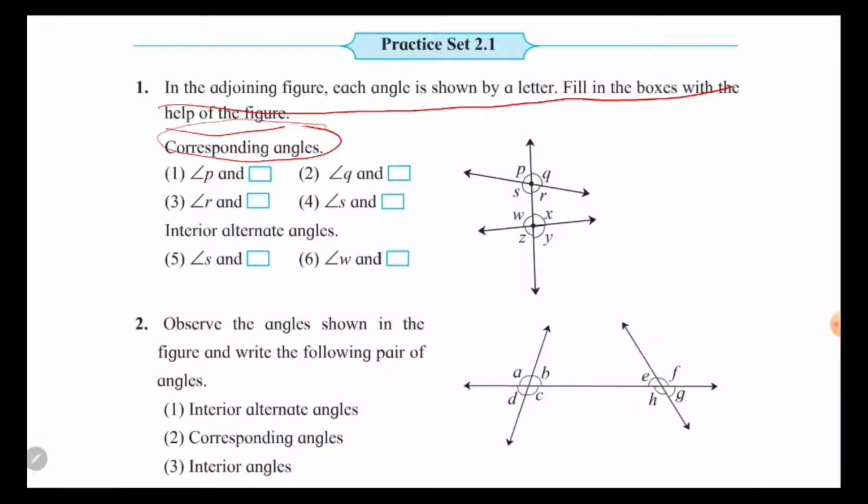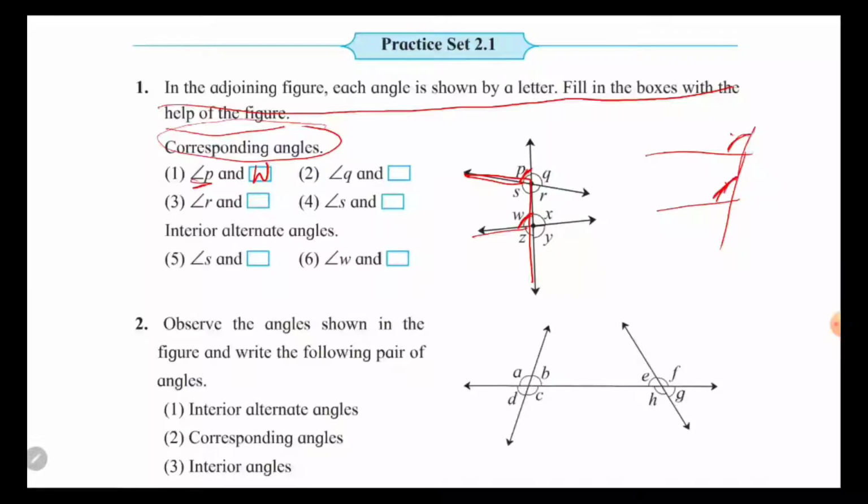As I said, a corresponding angle always makes an F. So the first one is angle P, and angle P is here. If this is F and this is P, then this angle will be corresponding to P. Now which angle is here? Angle W is here. So here we will write angle W. I don't have space, therefore I am writing W. You have to write angle W.